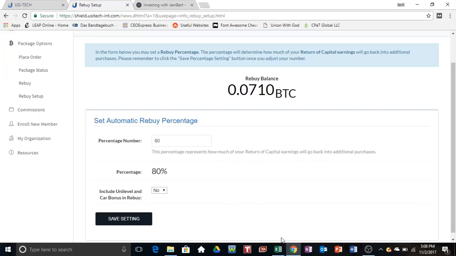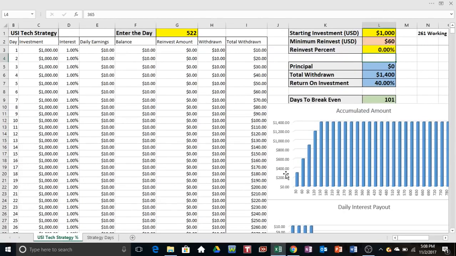On the calculator here, everything in yellow is something that I can manipulate, and everything else is basically the result of what we put in the yellow. So under the normal contracts, let's say you just started with $1,000 with USI Tech. You can see the minimum reinvestment package price is $60.